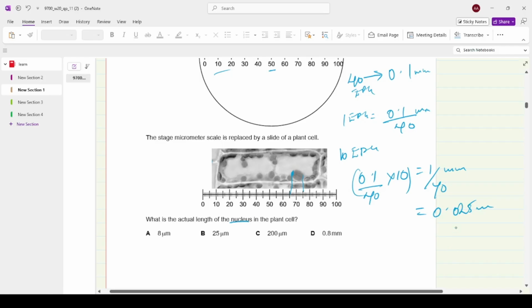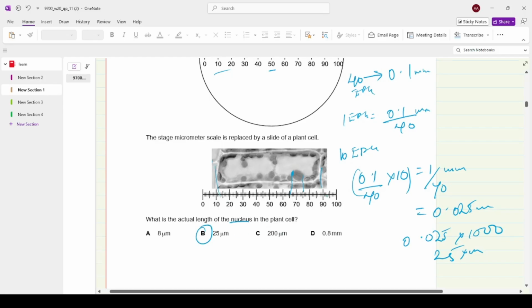Now if we convert this into micrometers, it will be 0.025 times 1,000, which is 25 micrometers. So the answer becomes B, and most students went for C, whereby they measured the whole cell, and that was wrong.